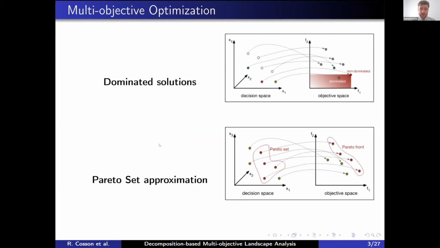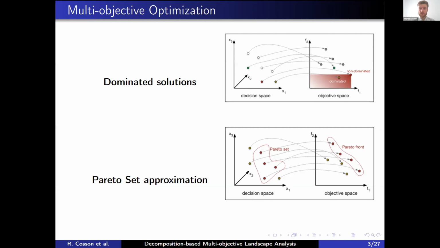One of the characteristics of a multi-objective optimization problem is that a solution can dominate or be dominated by another solution. If all fitness values for each objective of a first solution are greater or equal to those of another solution, then this solution dominates the solution with lesser values.